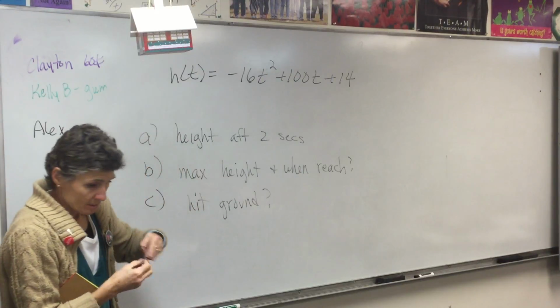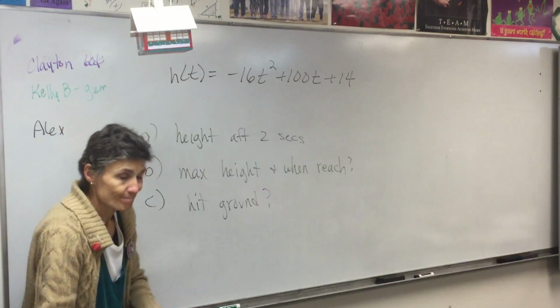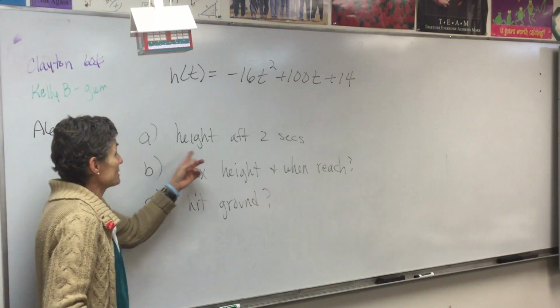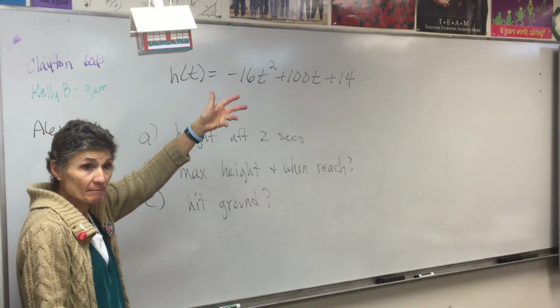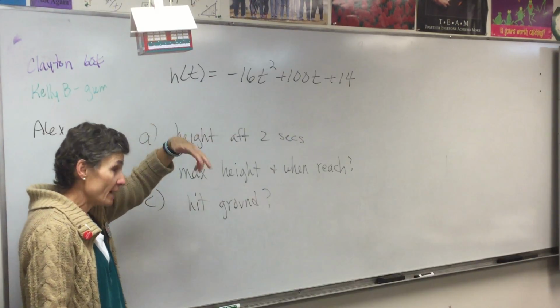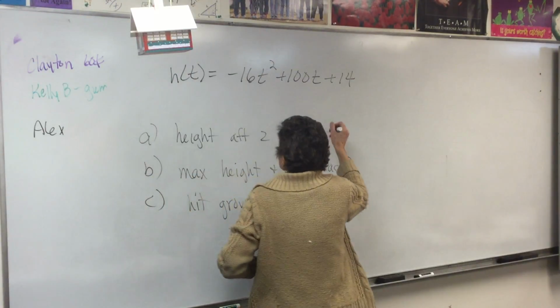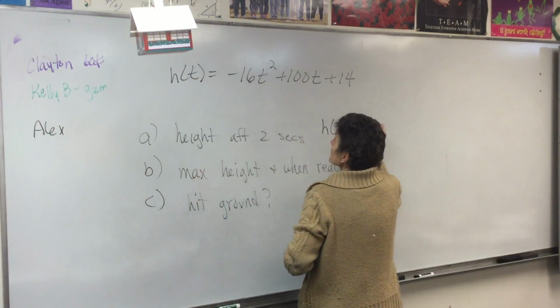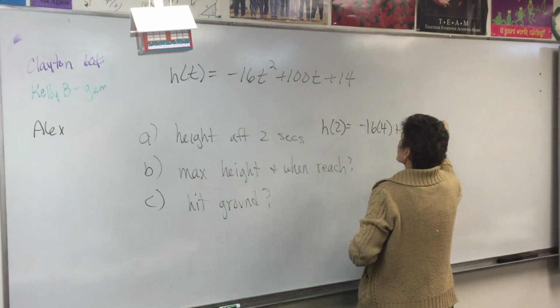Okay. So, how do we do this? Well, the first one's easy. The equation gives us the height at time t. So if we want the height at time 2, we'll just plug in 2. So h of 2 is negative 16 times 4 plus 200 plus 14.